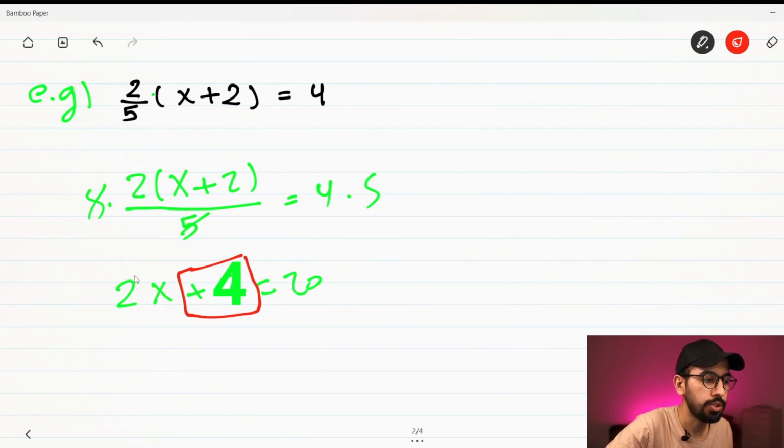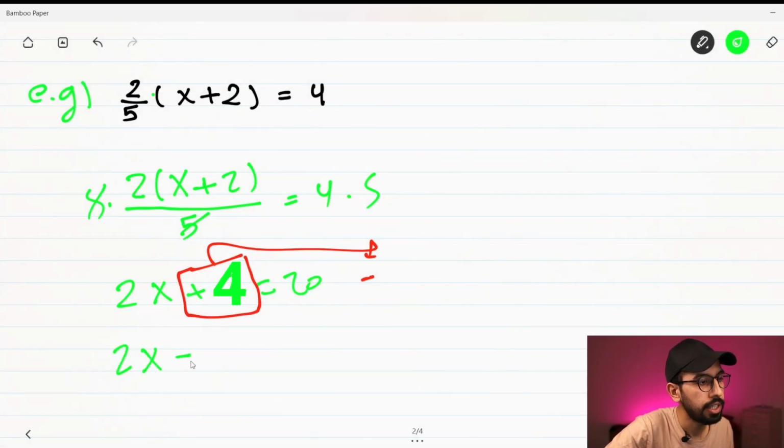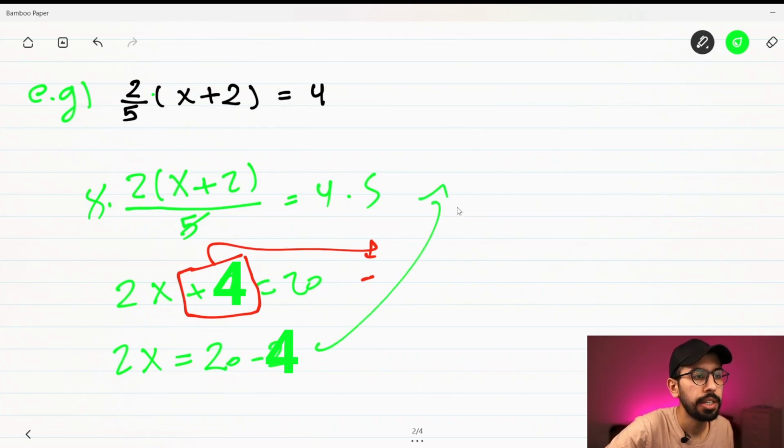The variable stays here, and the number goes to the other side. It is positive, so when it's moved to the other side, it will be negative. The result will be 2x equals 20 minus 2, which is 18.